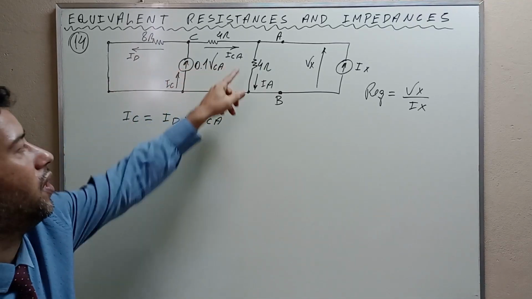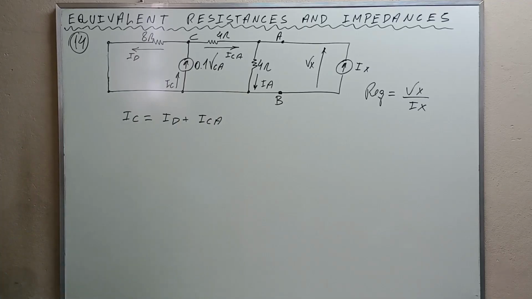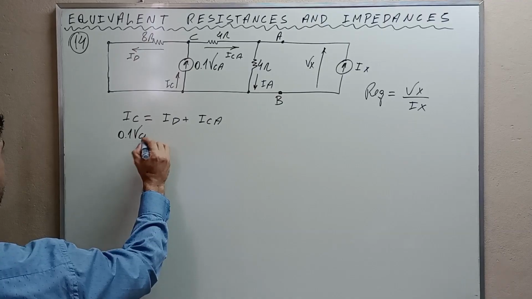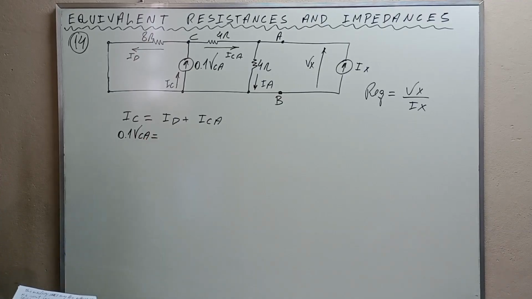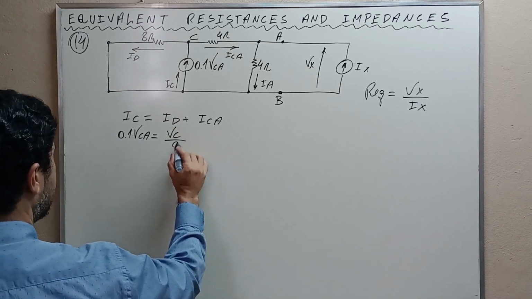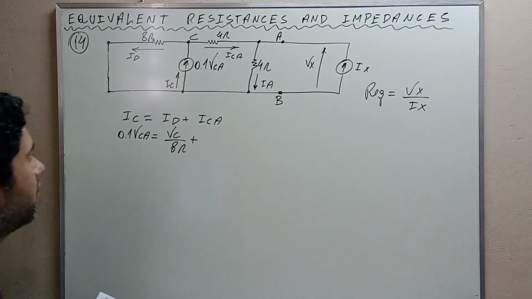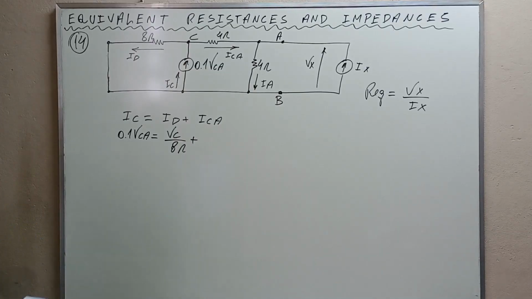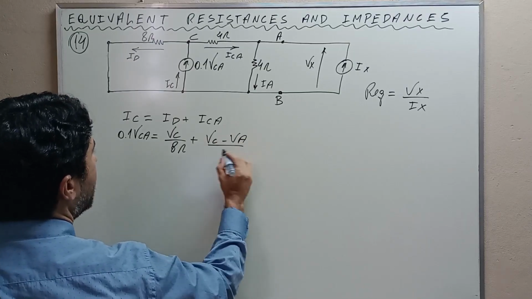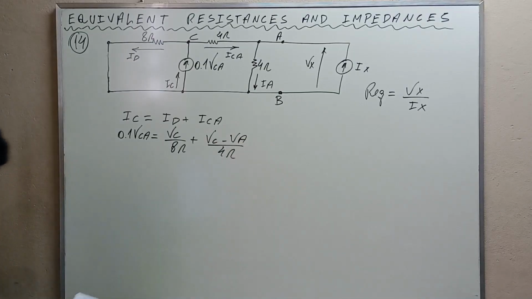ID and ICA leave the node. IC is 0.1 VCA. ID is VC divided by 8 ohms, and ICA is VC minus VA divided by 4 ohms.